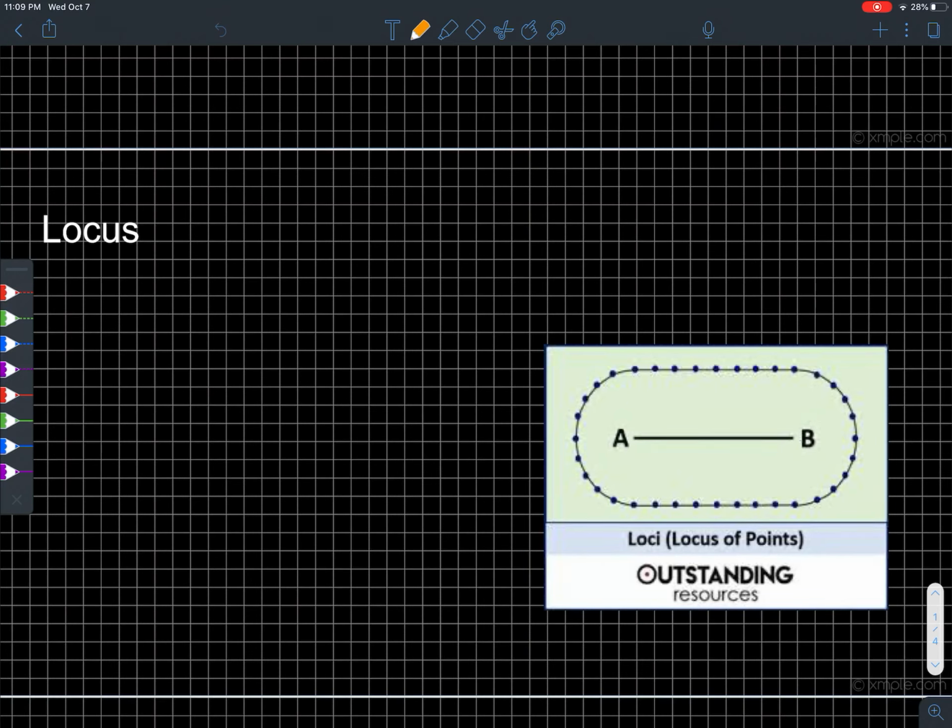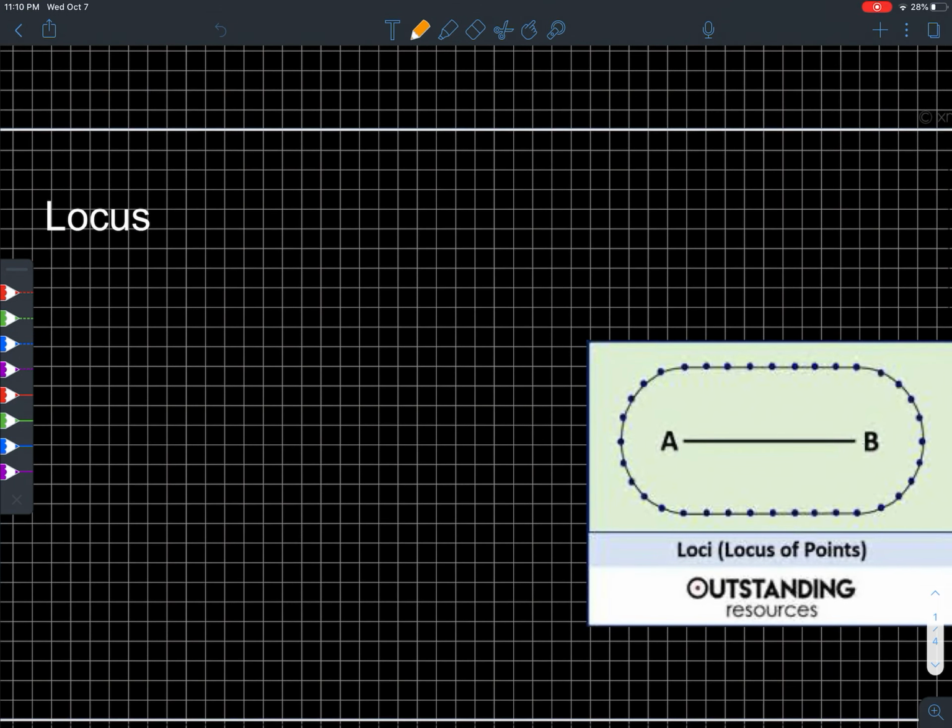Alright, so what is a locus? I believe you guys did some stuff with loci in geometry. But let's just go over it again, because this idea is fairly important. A locus is the set of all points for which given conditions are true.